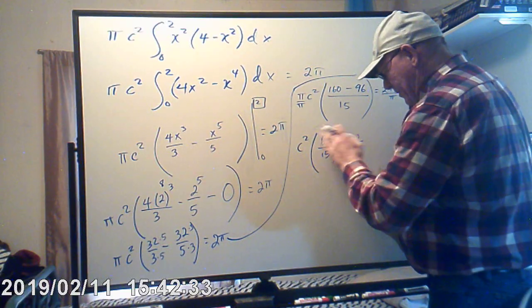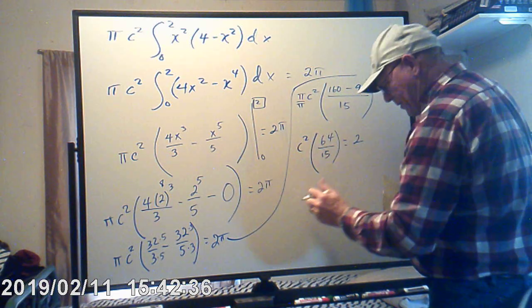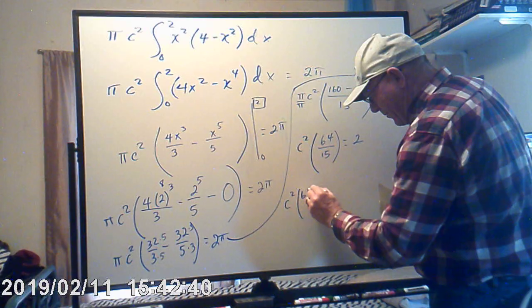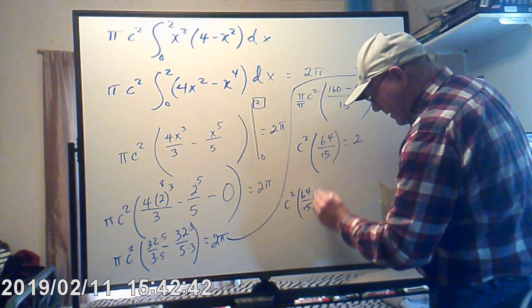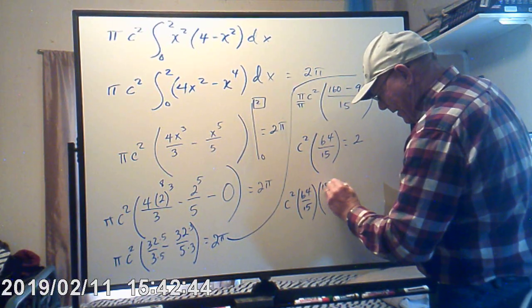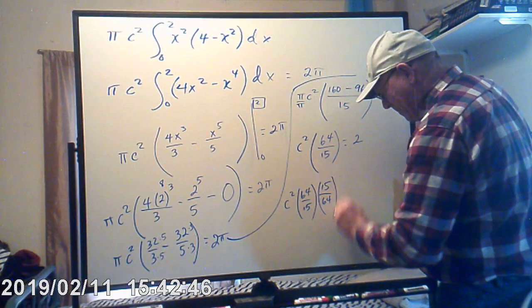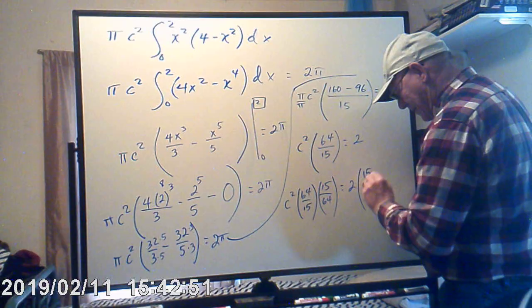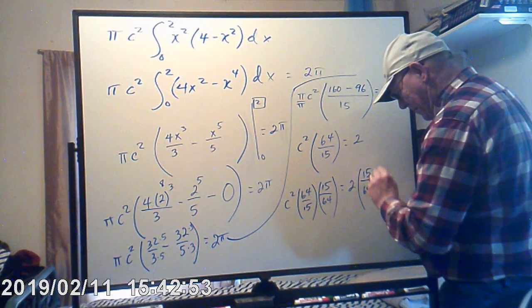So now to solve for this, I'm just going to flip this over. So c squared times 64 over 15 times 15 over 64 is equal to 2 times 15 over 64.